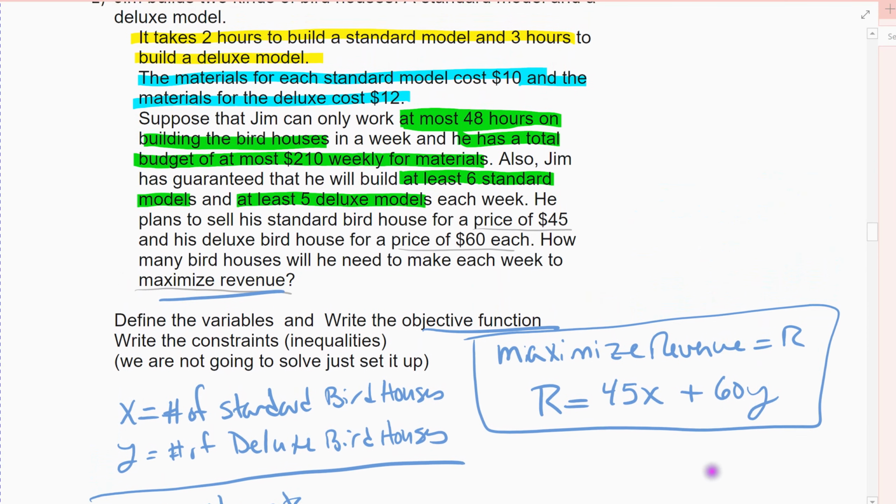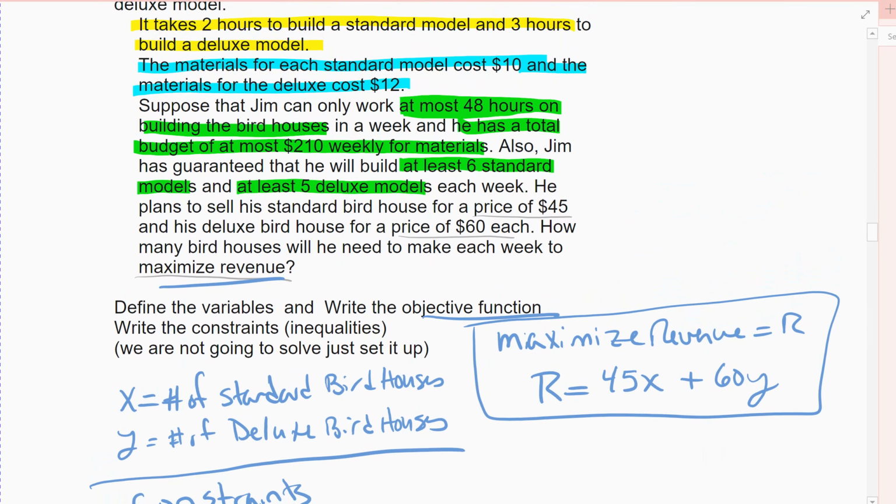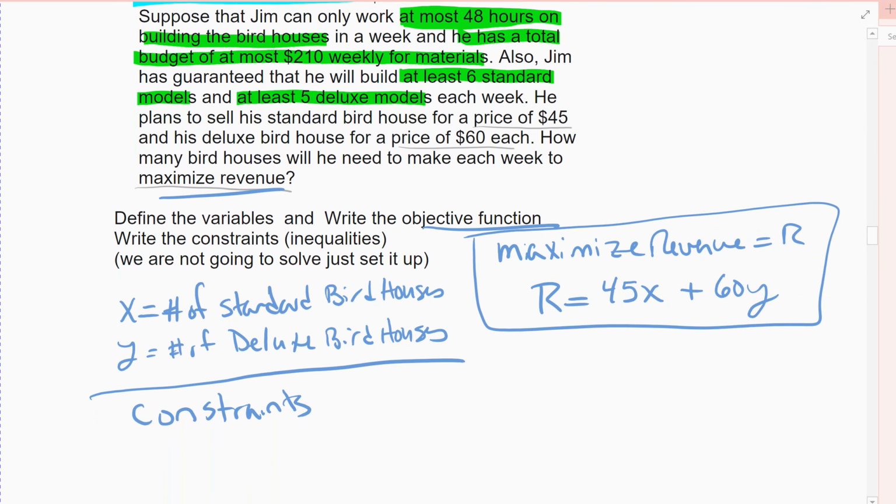The inequalities come from the limited amount of hours. He has at most 48 hours to build. His limited budget, right? He doesn't have bucks of dollars. He has at most $210 to spend on materials, and then he's got these at least. So I'm going to write those down, the green stuff first.